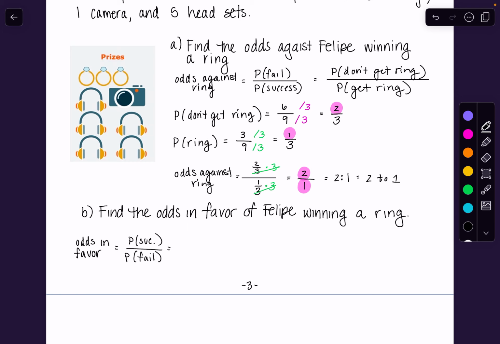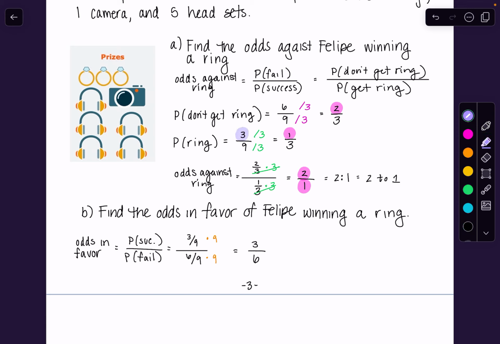So our probability of success, or probability we get a ring, is 3 out of 9. And our probability we don't get a ring is 6 out of 9. So in the same exact manner, because these are both being divided by 9, we times the top by 9, and it leaves us with the numerator 3/6.